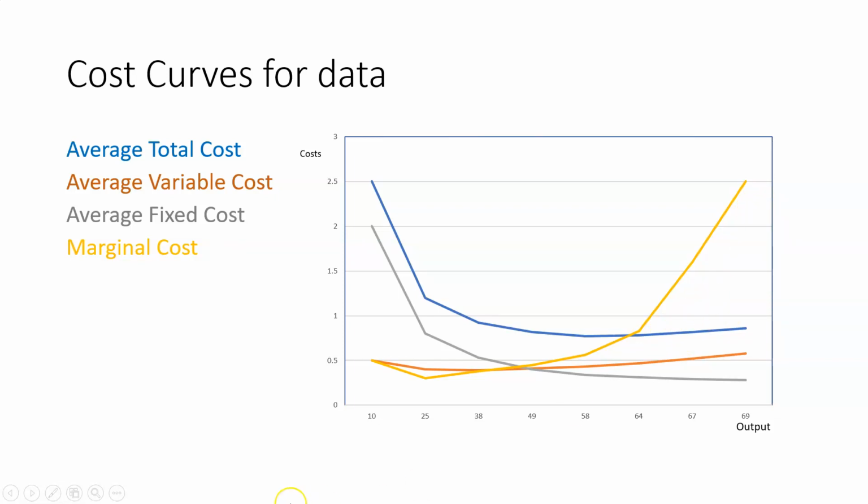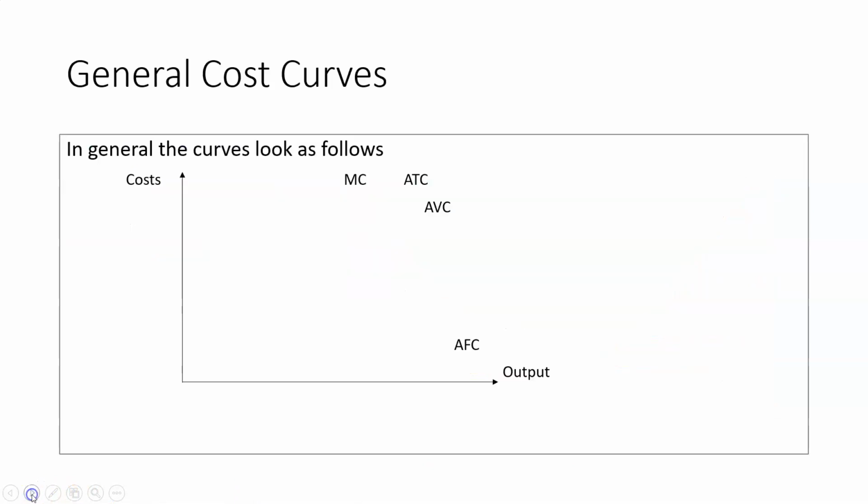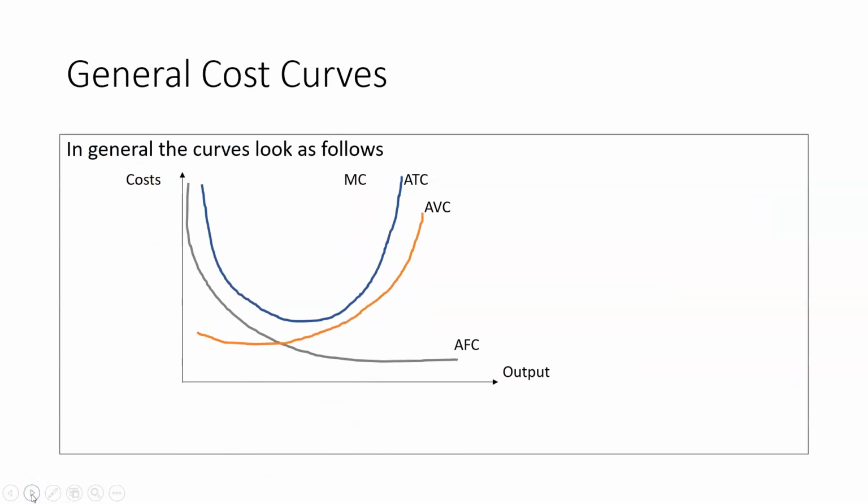You don't have all those numbers, so you're not seeing it. What you should have drawn, and I'm hoping you've drawn these, is this. What you'd also see is not only does your average total cost curve go up, but your average variable cost curve goes up. Now, if we look at a more general look at these curves, you would get something that looked like this.